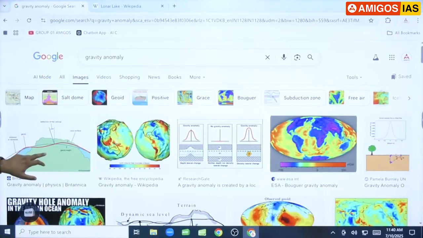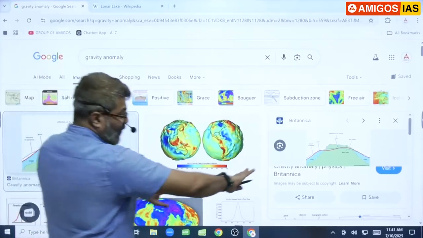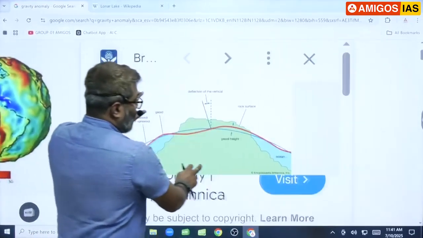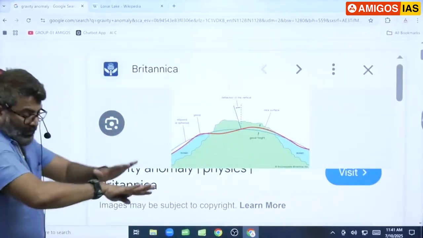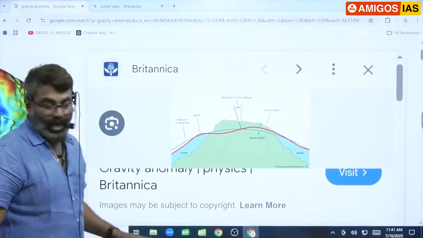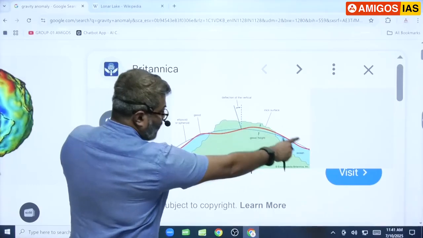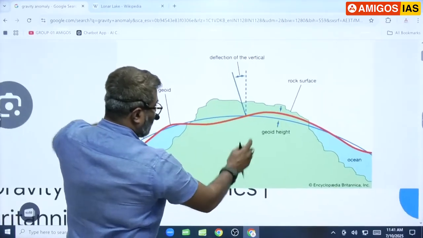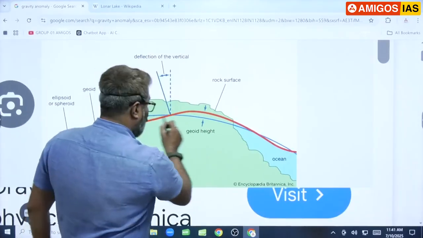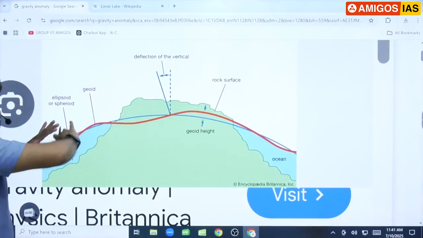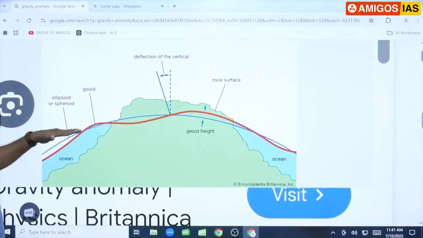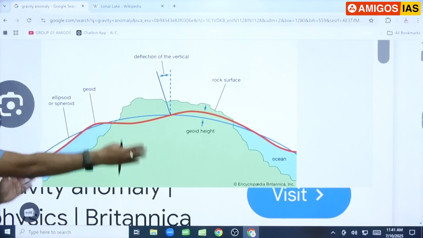So by taking the variation of the Earth's surface, you notice. When we say this, the Earth's surface is highly uneven. Okay. You can see the first is the ellipsoid Earth, the blue circle that you are noticing here. This blue color line is what we call the shape of the Earth in general, or the spherical shape of the Earth.